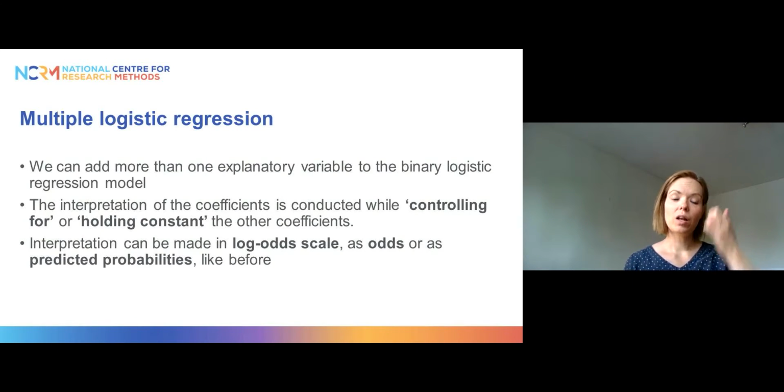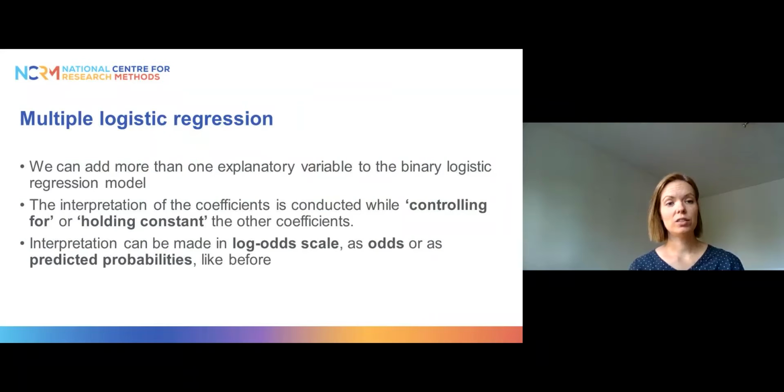By multiple logistic regression, we mean binary logistic regression models where we have more than one explanatory variable. Like in other regression models, you can add more than one variable, and that indeed is usually the interesting part about conducting regressions rather than cross tables, for instance.